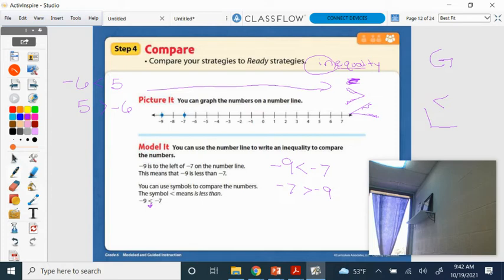You cut it into equal parts, negative numbers, and then you also have to have the positive numbers. You would put them on the number line, and then you would find where they go. So 10 and 9, 10 over here. That's how you do it.